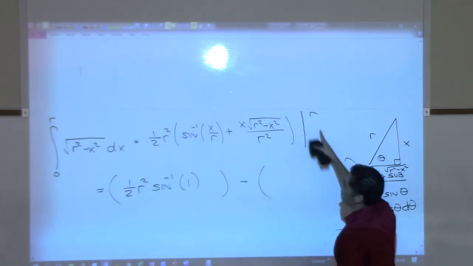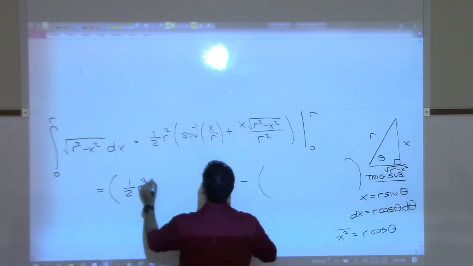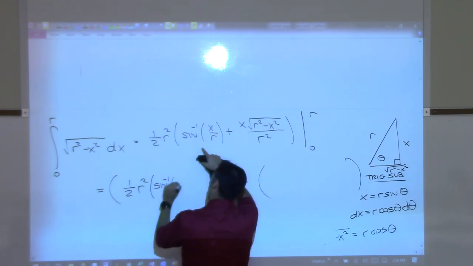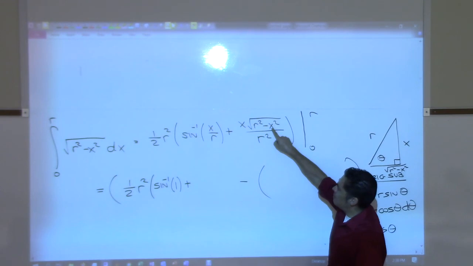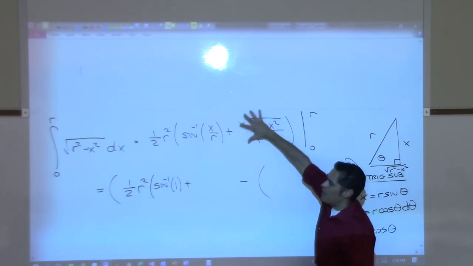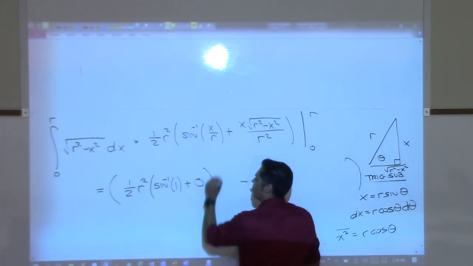I wrote that too big. Arc sine of 1 plus, now what happens when we plug r in right there for x? You get r squared minus r squared, that's 0, everything here goes to 0, right? So isn't that all we have for the first one?